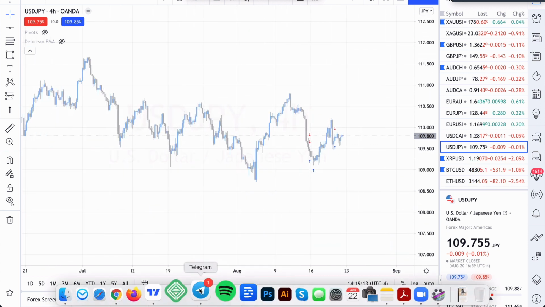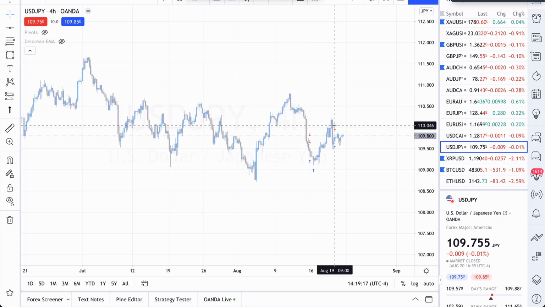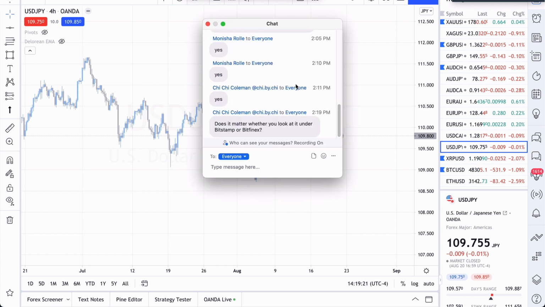All right. Let's get into some fib training now. Chi, the numbers may differ, but the zones are the same. So Bitstamp and Bitfinex may differ in their values, but the zones are still the same. That's why it's important to look at the zones and not so much the numbers.